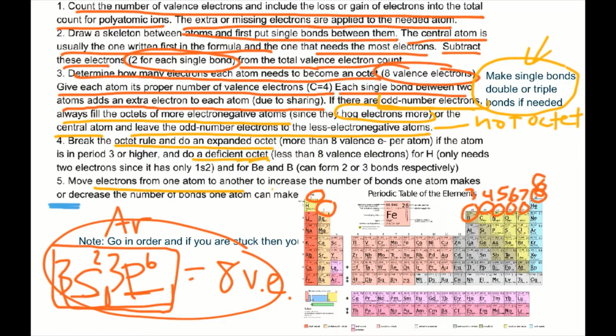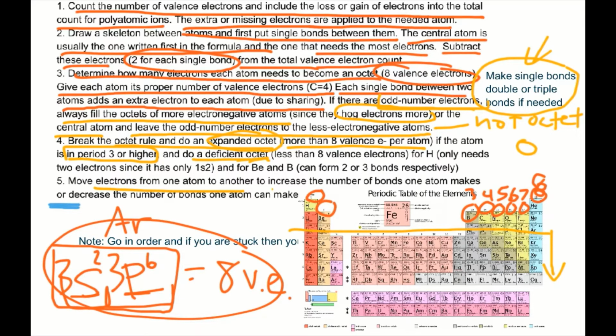Step 4, break the octet rule if you have to, and do an expanded octet, which means that there are more than 8 valence electrons per atom if the atom is in period 3 or higher. So if the central atom is in period 3 or higher, then it can break the octet and do an expanded octet.